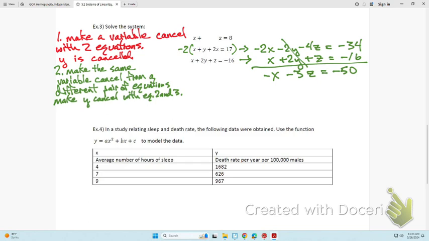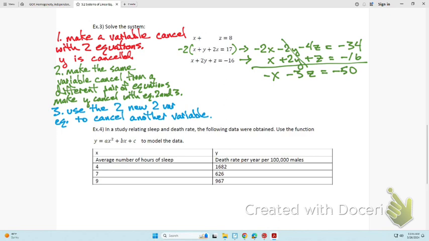For step 3, we're going to use the 2 new 2-variable equations to cancel another variable. Now you can pick x or z, but x would be very easy.